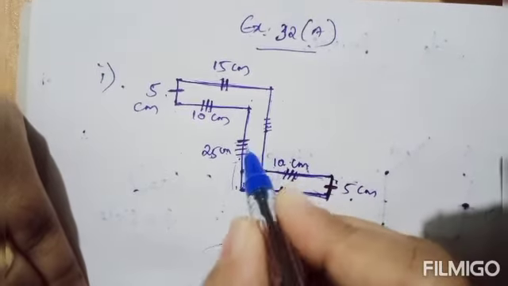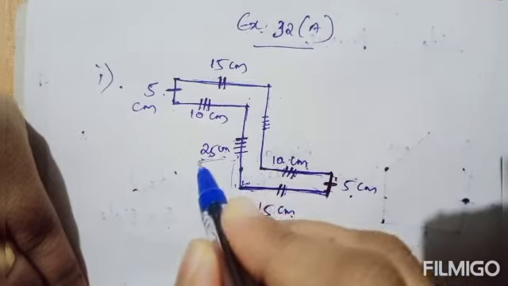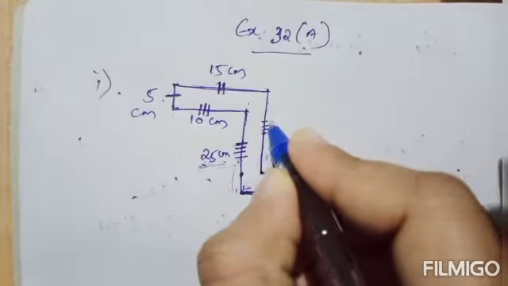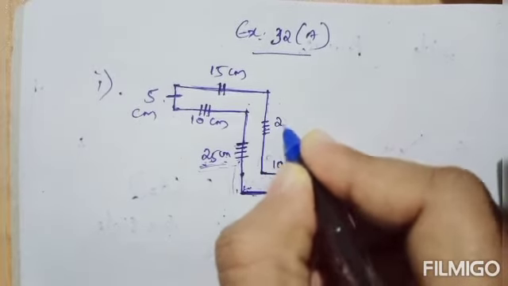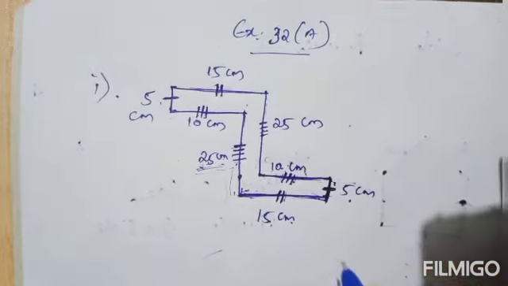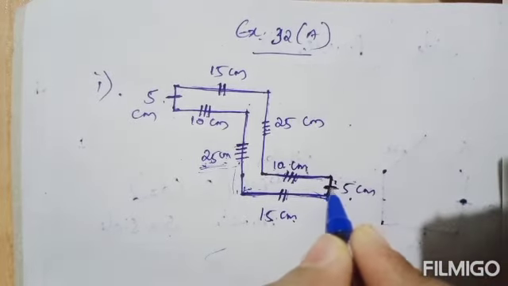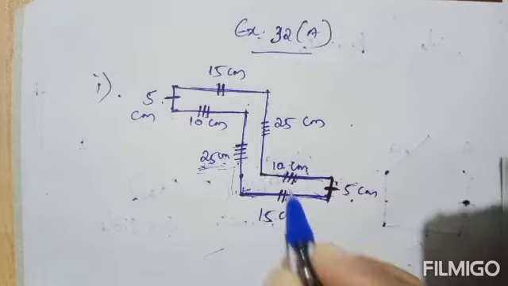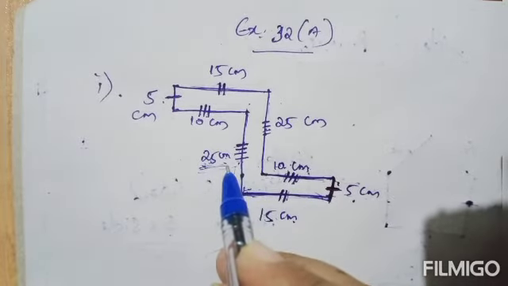Okay, now here you can see 4 lines. That length is 25 centimeter. Okay, so 4 lines you can see here. So this length, it is also 25 centimeter. Hope you understood. That is, one line it represents 5 centimeter, 2 lines it is 15 centimeter, 3 lines it is 10 centimeter, 4 lines it is 25 centimeter.